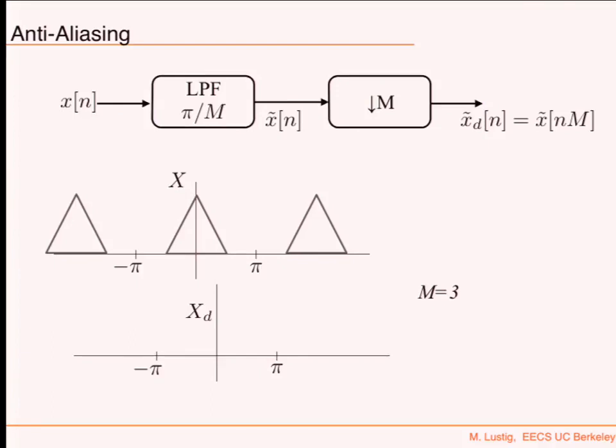Low-pass filter, where? Between negative pi and pi? Okay, so I low-pass filter between here and here. That's not useful. That's not doing anything. Pi over 3. That's right. Because what would happen after I downsample, whatever was pi over 3 will become pi.